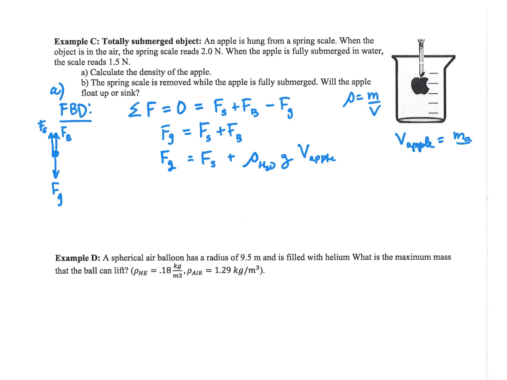Yeah, mass of the apple divided by the density of the apple. So we can actually take that and say F sub S is equal to, or plus, excuse me, the density of the water times gravity, and then we can plug this in: mass of the apple divided by density of the apple.